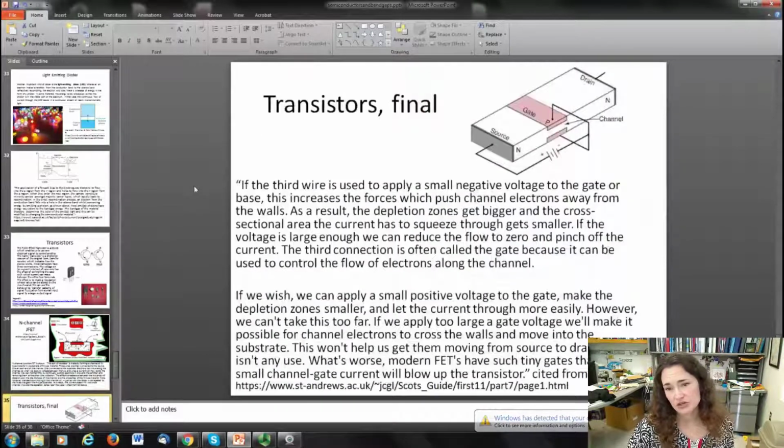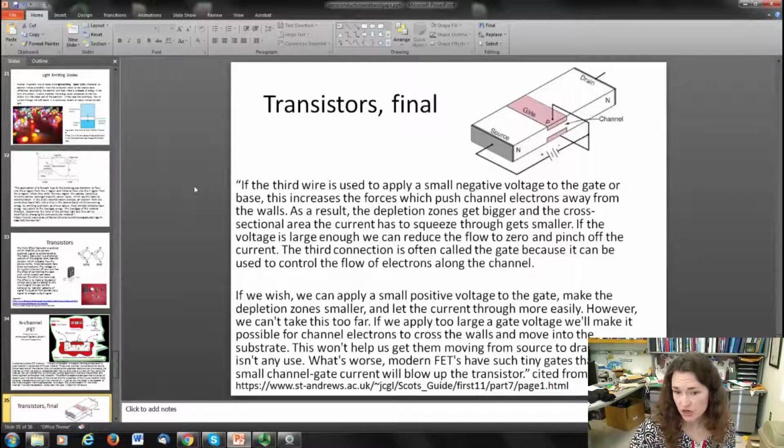If the 3rd wire is used to apply a small negative voltage to the gate or the base, then that increases the forces which push channel electrons away from the walls. As a result, the depletion zones get bigger and the cross-sectional area the current has to squeeze through gets smaller. If the voltage is large enough, we can reduce the flow to 0 and pinch off the current. The 3rd connection is often called the gate for that reason, because it can be used to control the flow of electrons along the channel.